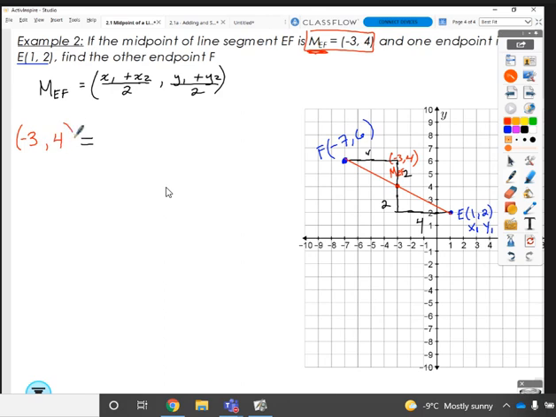That's the answer we're looking for here. And then x1, y1: x1 is 1, y1 is 2.